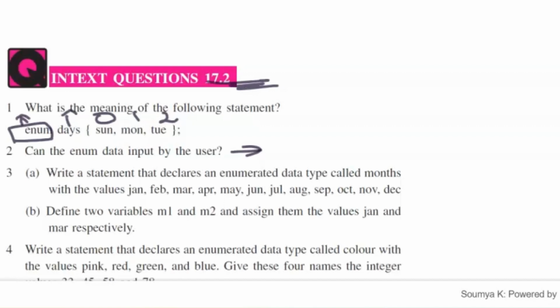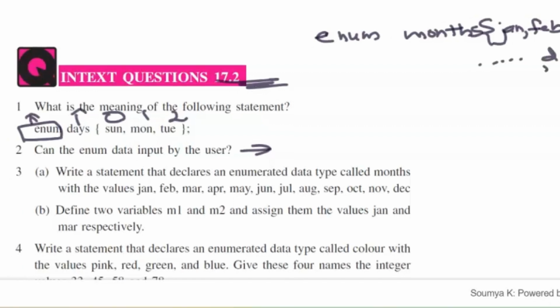Third question, write the statement that declares an enumerated data type called months with the values Jan to December. So you can write this as enum month and Jan, Feb, March, like that it goes on till December. You have to write all the months in between, where January takes the value 0, February 1, 2, like that it goes.